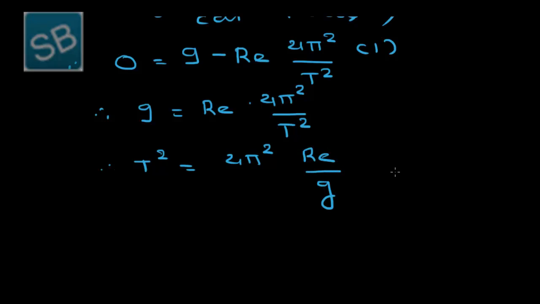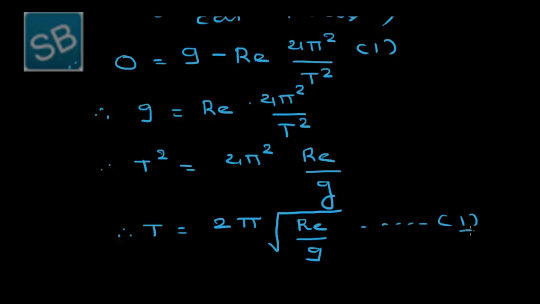And now taking the square root on both sides, the time period T is equal to 2 pi under root of RE by g, and that is the equation for the time period at the equator at which the gravitational acceleration becomes 0.